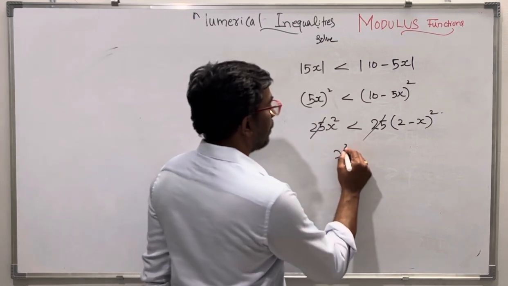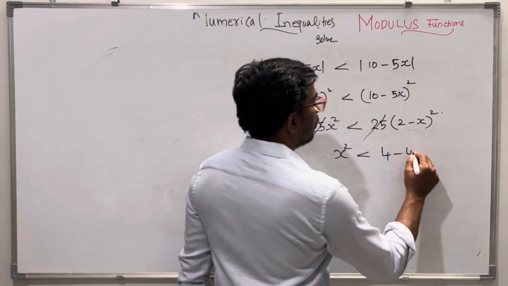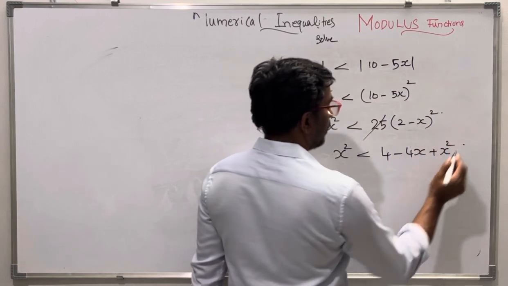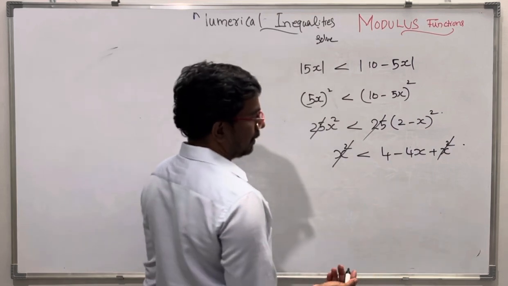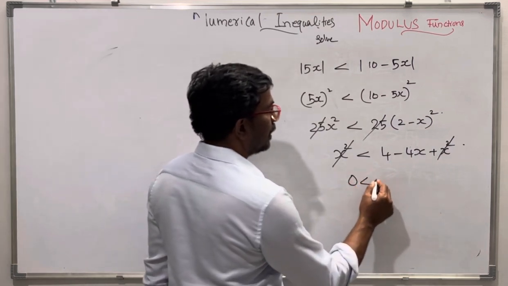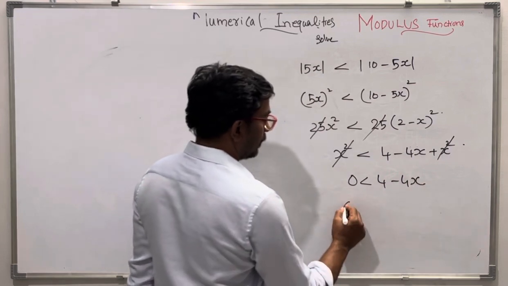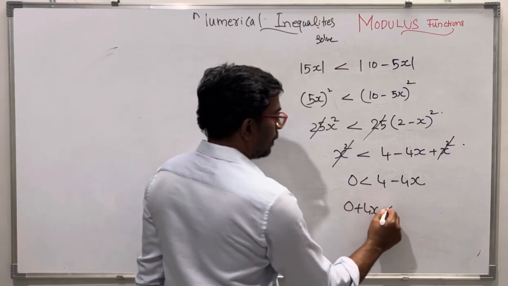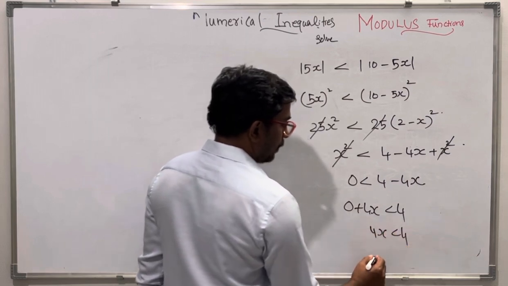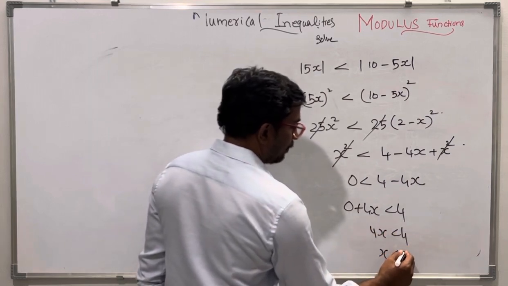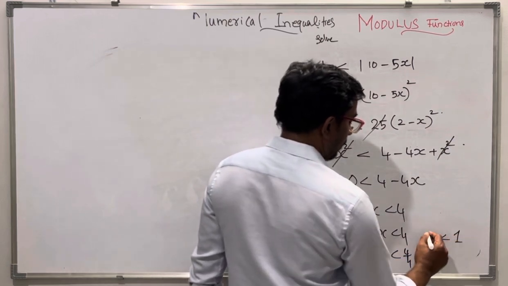So x square less than, let us expand, 4 minus 4x plus x square. Again this x square cancels, positive x square you subtracted. So it is 0 less than 4 minus 4x. You take this 4x to this side: 4x less than 4. So x less than, divide by 4, positive 4 by 4. So x is less than 1.